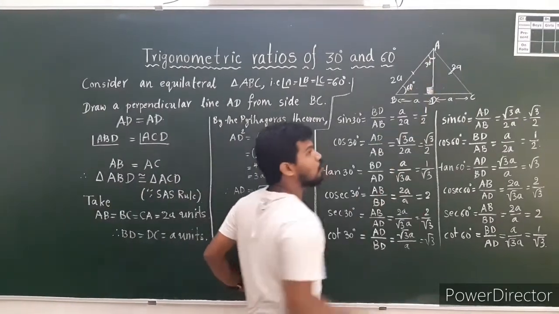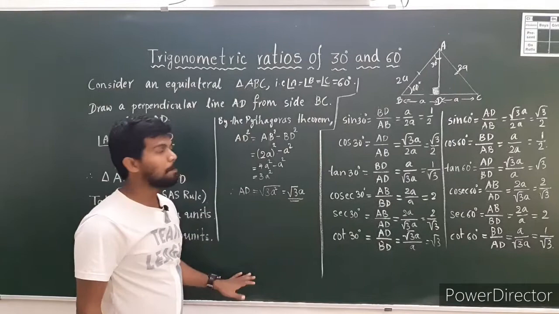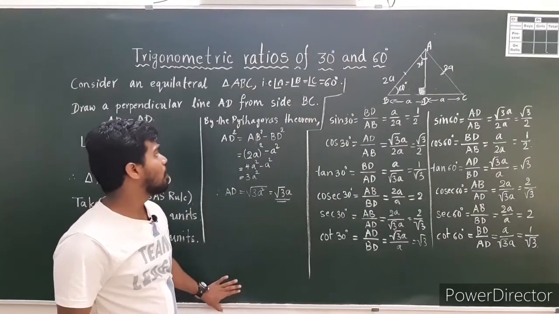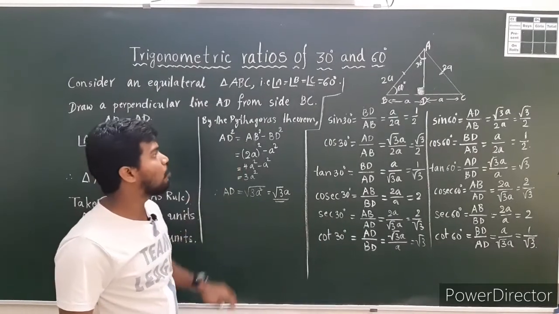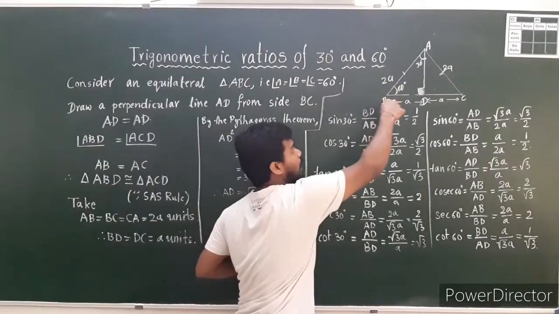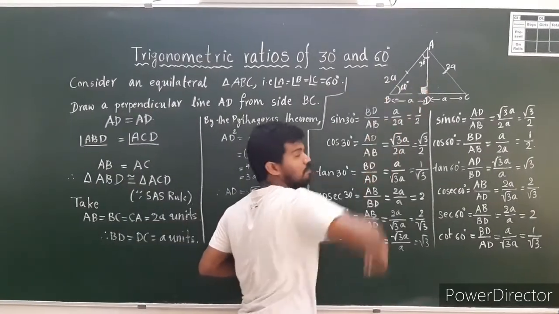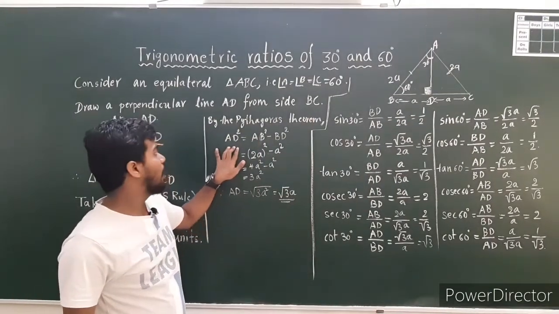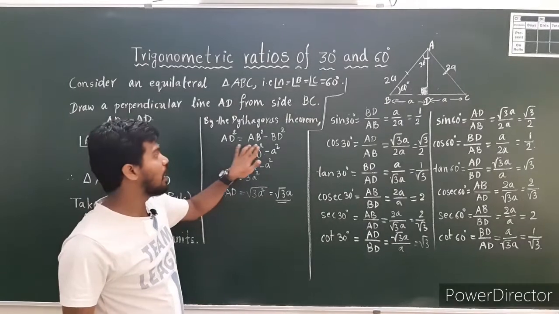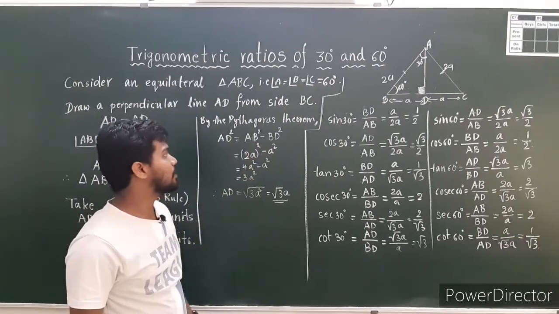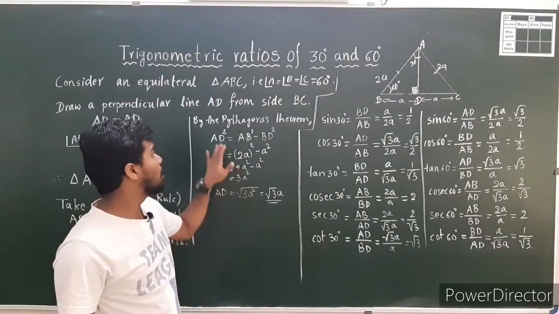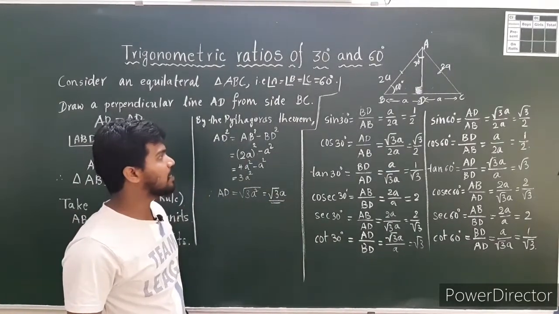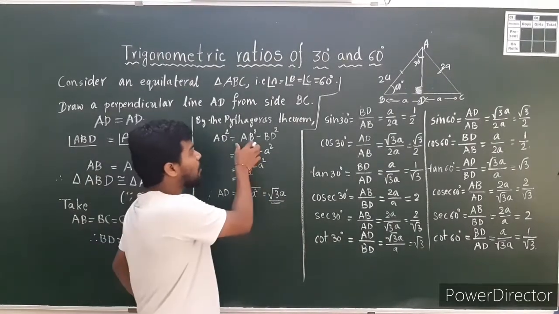So we have to find out AD using Pythagoras theorem. So you know the statement: the hypotenuse square is equal to the sum of the squares of the other two sides. So on rearrangement, you get AD square equal to AB square minus BD square. So what is the value of AB?